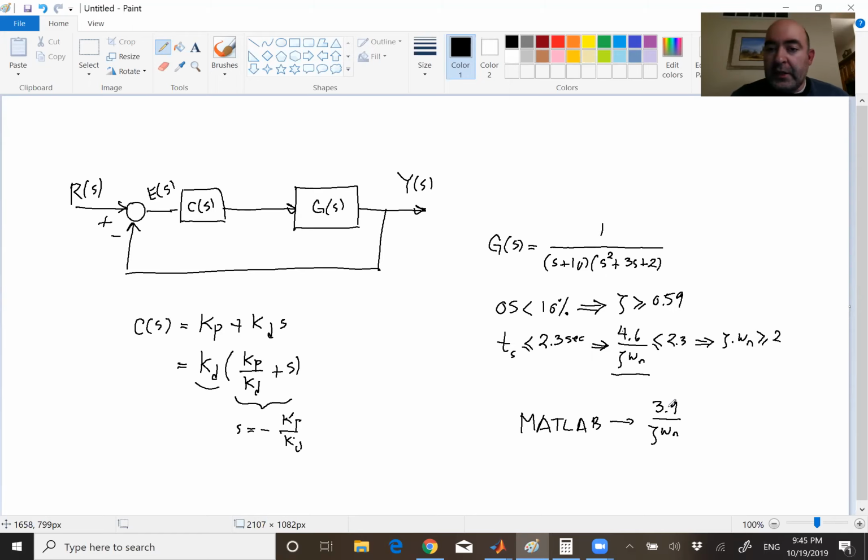So in this particular case, since I want my settling time to be 2.3 based on a plus minus 1% envelope, I'm going to have to update this to be related to what MATLAB sees as settling time, which is plus minus 2%. So this is quite easy.